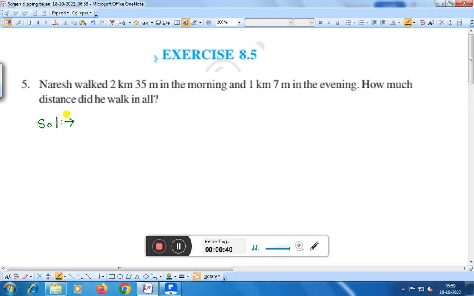This is the addition problem, right? That means Naresh walked 2 km 35 meter.